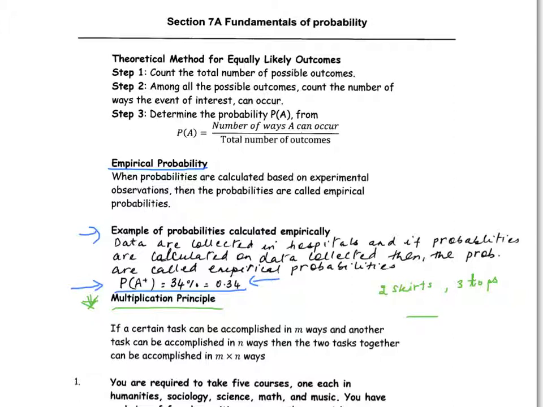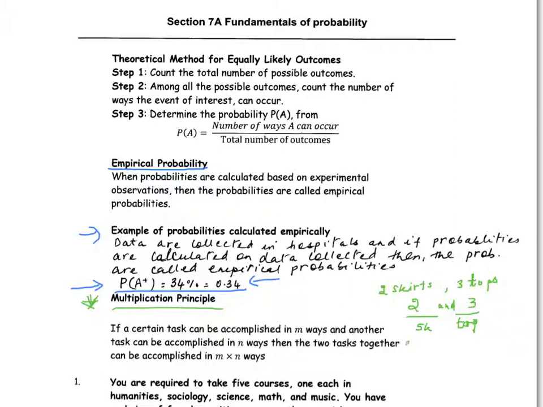So we're going to wear a skirt and a top. And our outfit is complete only if we do both. So we need to do both. Wear a skirt and wear a top. How many different choices of skirts do I have? I have two choices of skirts and three choices of tops.